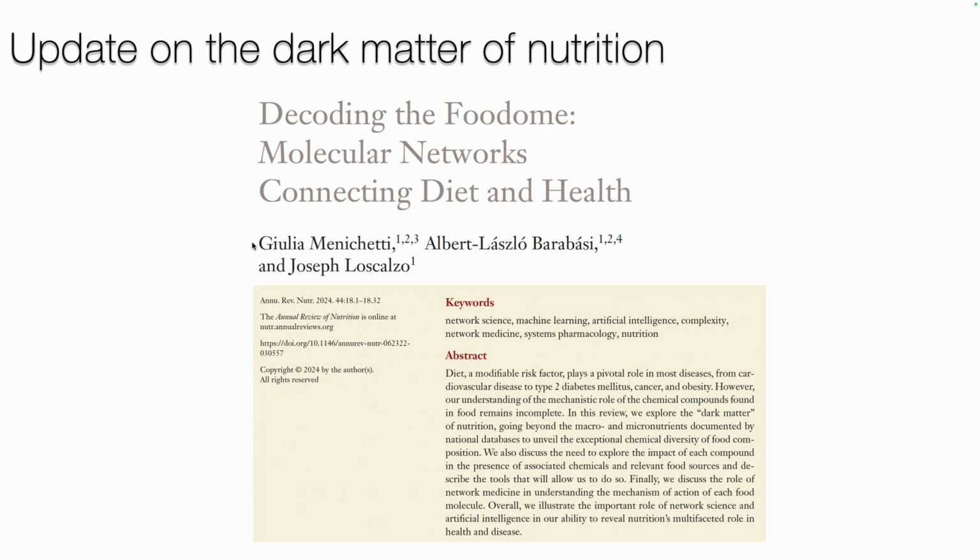This is a 10,000 word piece, which is a great bedtime read. And we discuss here several applications of AI methodologies, from helping to annotate untargeted mass spectrometry to predicting and validating targets for food small molecules. And finally, we give examples of novel applications of natural medicine to food compounds.